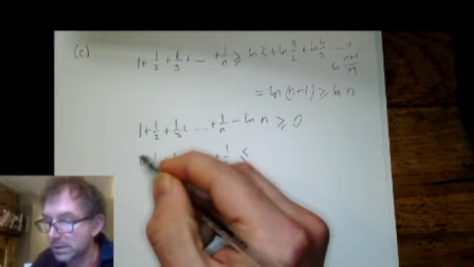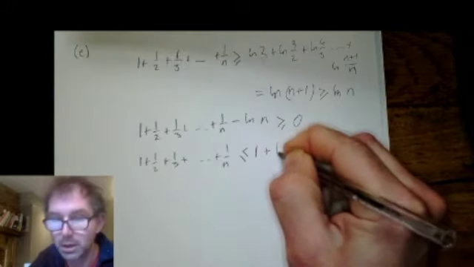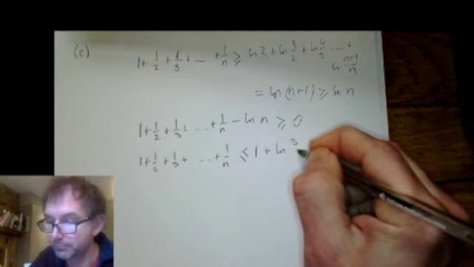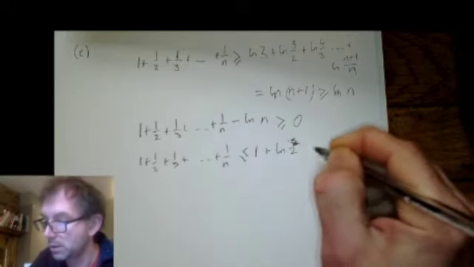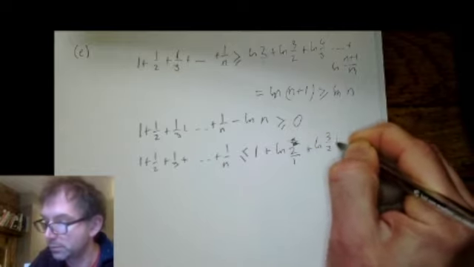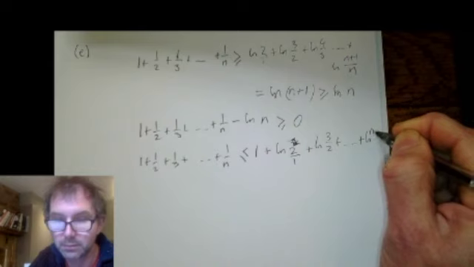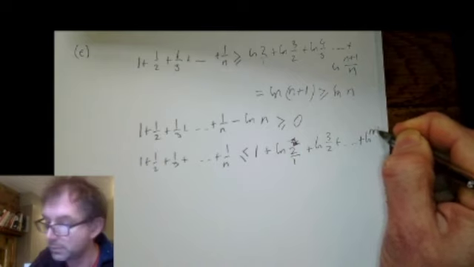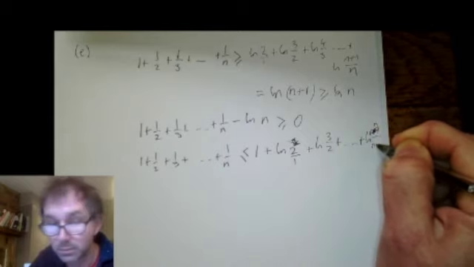So I'm going to leave the 1 alone. So this is bigger than or equal to 1 plus log of 2 over 1 plus log of 3 over 2 plus all up to log of n plus 1 over, also that should just be log of n over n minus 1.